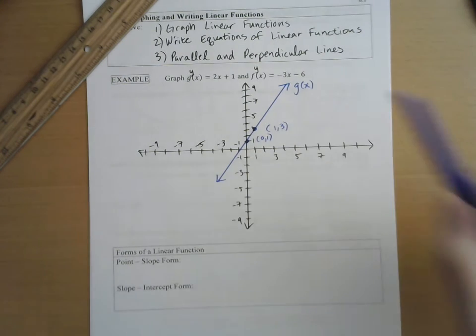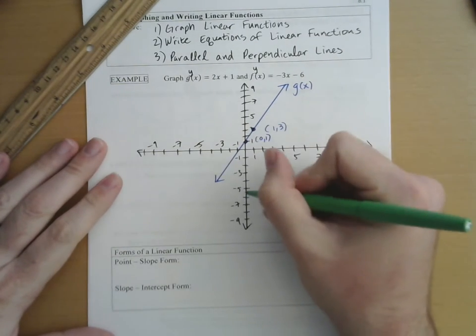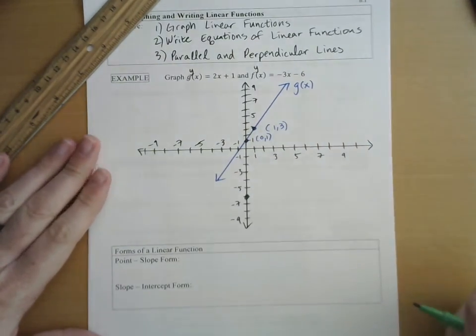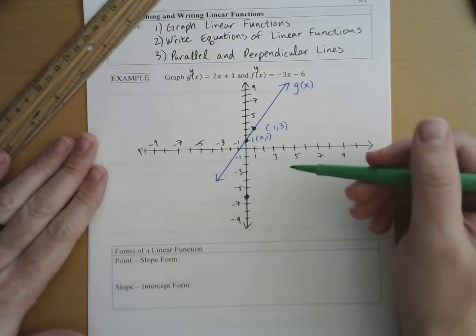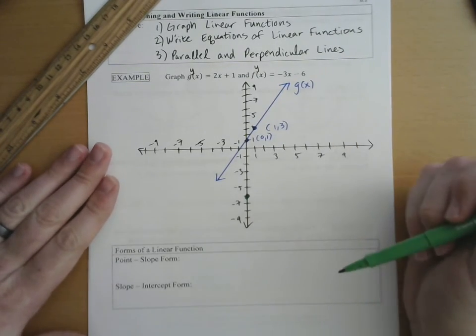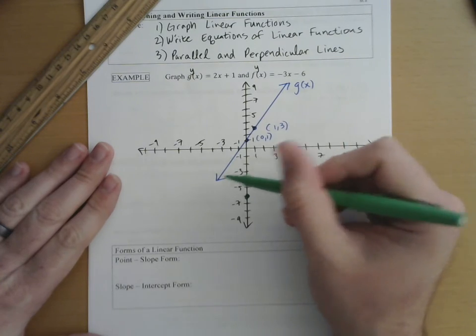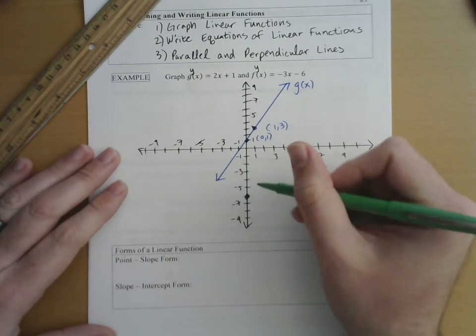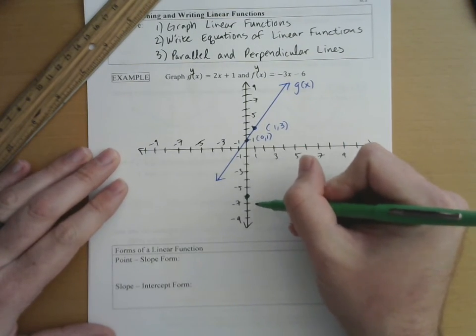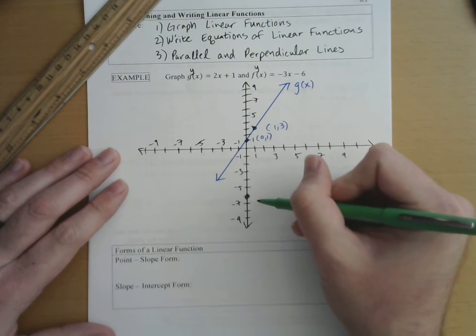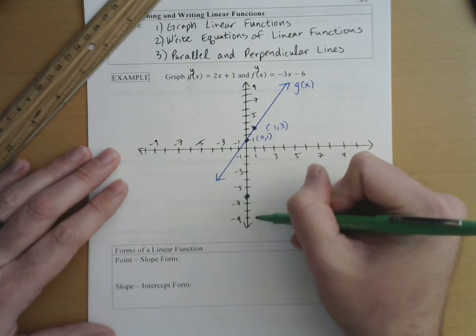Same thing for f of x. If I want to graph this, I know its y-intercept is 0, -6, way down here. And I know it has a slope of -3, so it's going to go down 3 over 1, or up 3 and left 1. You can pick whichever you want, but over 1 down 3 brings us to 1, -9.